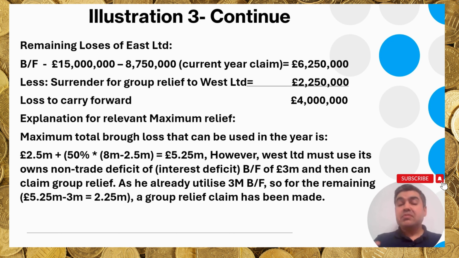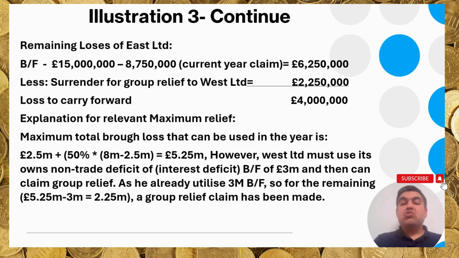The other rule is plus 50% of the profit in excess of this annual deduction. The annual deduction is 2.5, and they have a profit of 8 million. So the maximum they can use of brought forward losses is 5.25 million for West Limited.